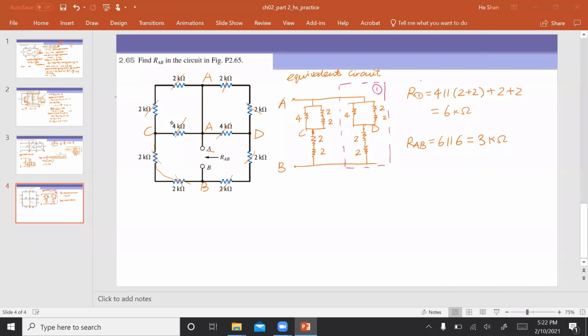Assume the current comes to node A, then comes to here. To continue, it will flow from here and here to get to C, then back to B. Or you can flow from A to D, then to B. That will be everything.